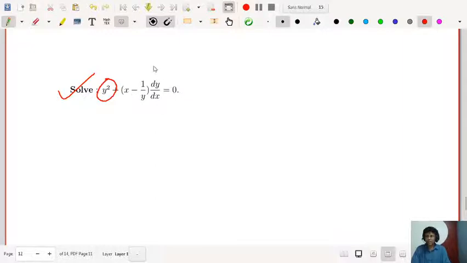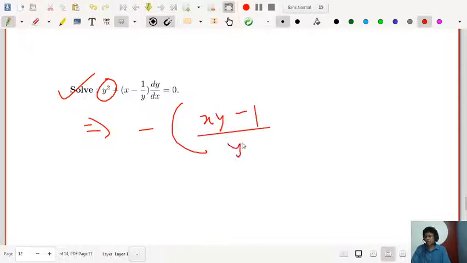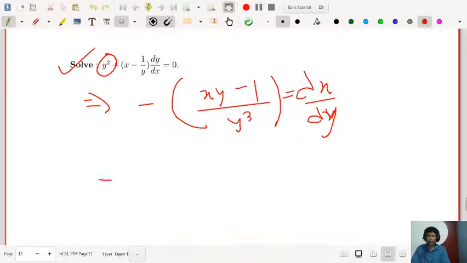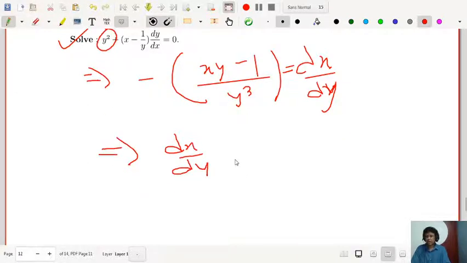Let us try to put this equation in the form of linear in x. So you can write this equation as minus of xy minus y, 1 by y cube, equal to dx dy. Now this equation can be written as dx dy plus 1 by y square into x equal to 1 by y cube.